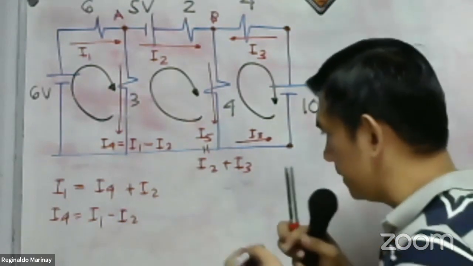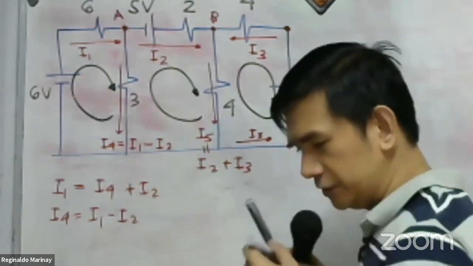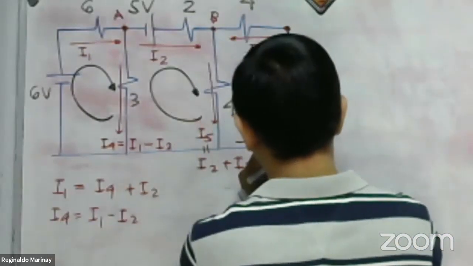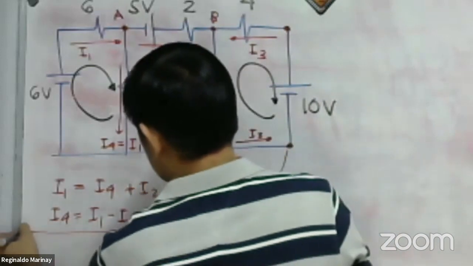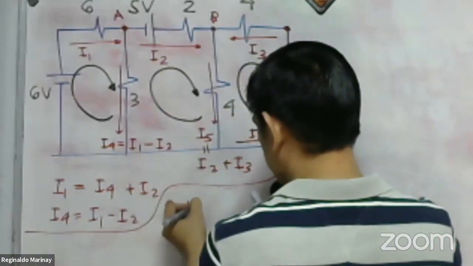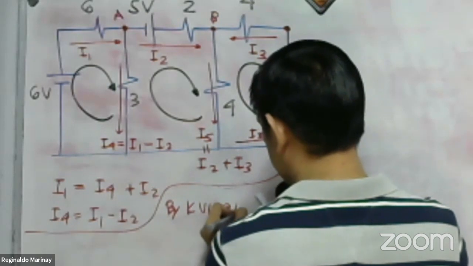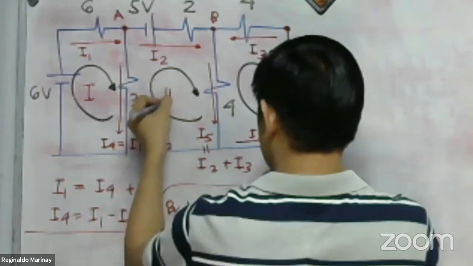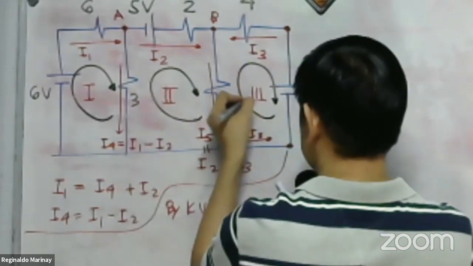So let us have by Kirchhoff's voltage law. By Kirchhoff's voltage law at, let's say, loop 1. Let us treat this as loop 1, loop 2, and loop 3.